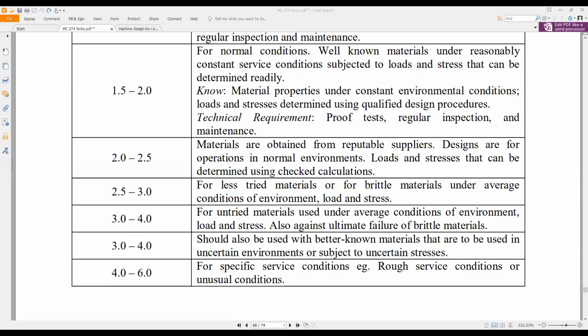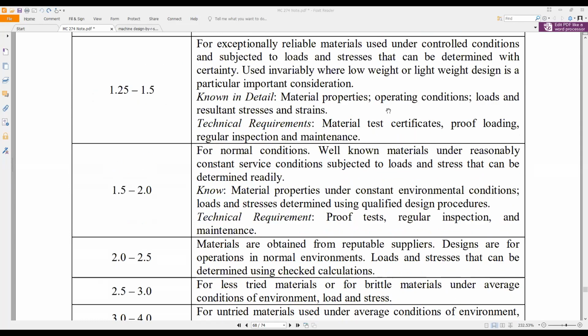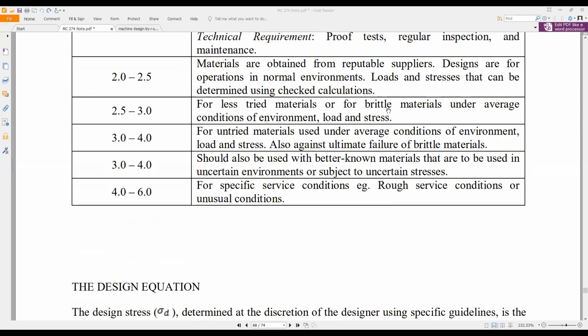So here we have the table. Okay, we have factor of safety and the application. So when we talk about the rough condition, it's for specific service conditions, for example, rough service conditions or unusual conditions. And in that case, we can decide on the factor of safety to be from 4.0 to 6.0.